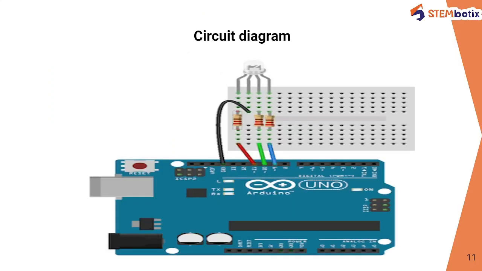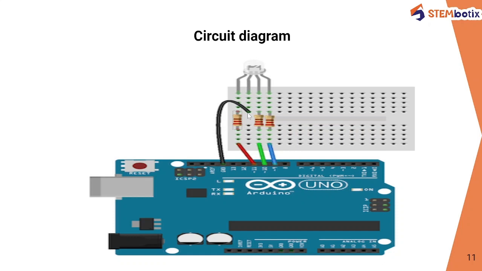Here you can see we connect the cathode of the RGB LED, which is the longer pin of the RGB LED, to the ground of the Arduino. Yes, you can see here the common cathode pin, which is the second from the left side of your screen, is connected to the ground.